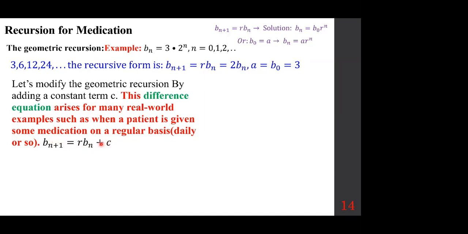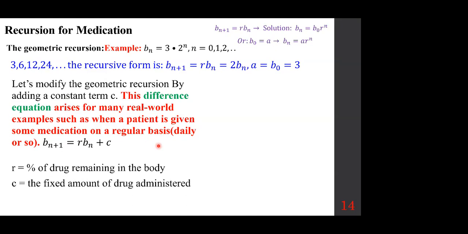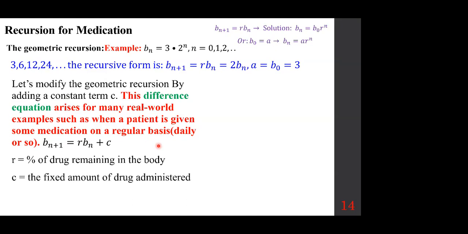This is used in application, for example, when we are dealing with patients and we give them medications on a regular basis. That regular basis is called the time step. Every day, every week, every 4 hours, okay? R is the amount of drug that remains in the body, and C is a fixed amount.